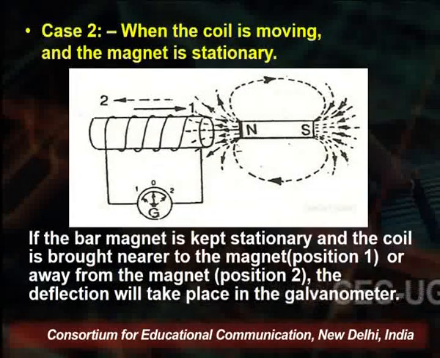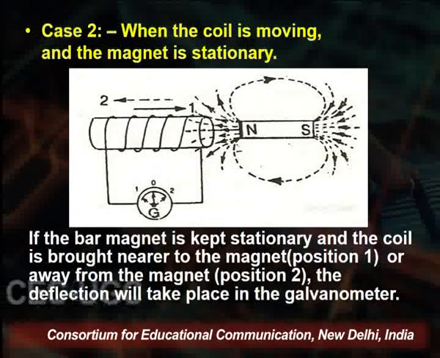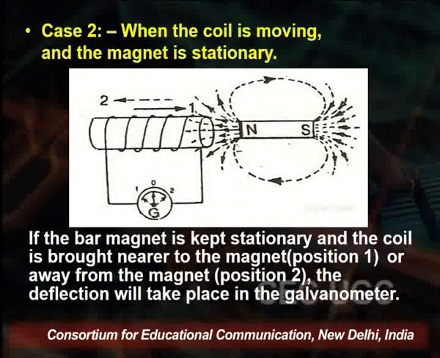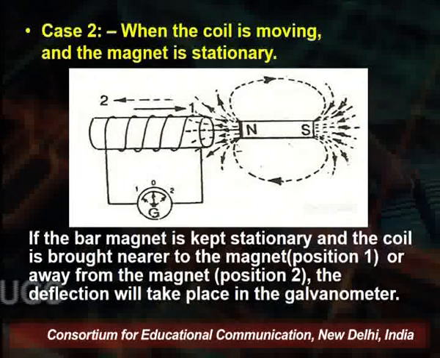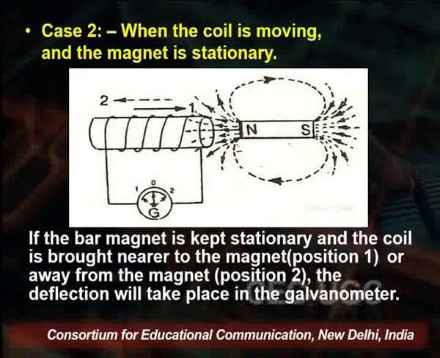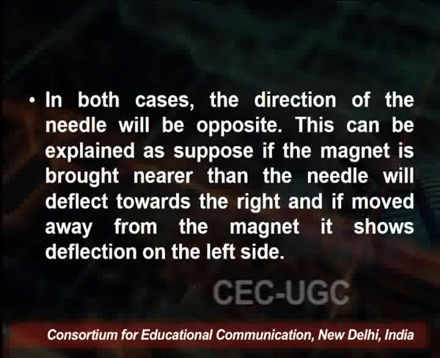In the second case, the coil is moving and the magnet is stationary. Now the magnet is stationary but the coil is moving in directions 1 and 2. The bar magnet is kept stationary and the coil is brought nearer to the magnet, that is position 1, and away from the magnet, that is position 2. The deflection will take place in the galvanometer.